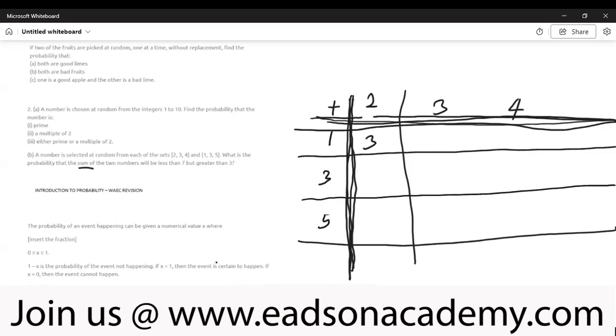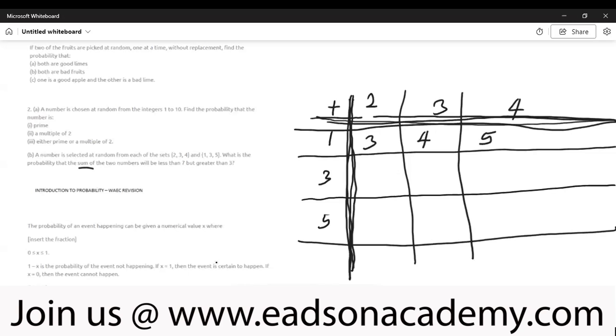It could be that we pick a 1 from this set and a 3 from this set. Therefore, the result will be 1 plus 3, which is 4. And then it could be that we pick a 1 from this set and a 4 from the other set. So the result will be 1 plus 4, which is 5.